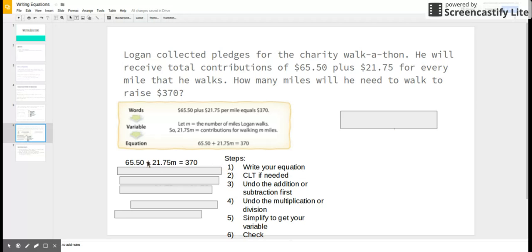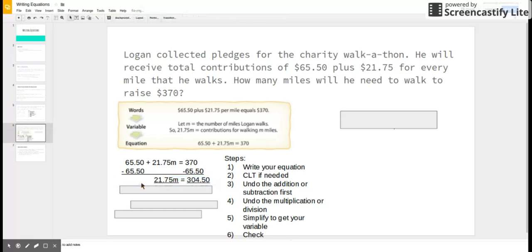So I wrote it out here, and now we're going to solve this equation. It says combine like terms if needed. I don't have like terms I need to combine. Undo the addition or subtraction first. Well, we're adding 65.50 here, so we're going to subtract 65.50 on both sides. So this cancels out.